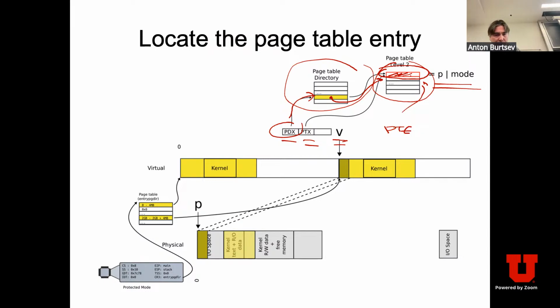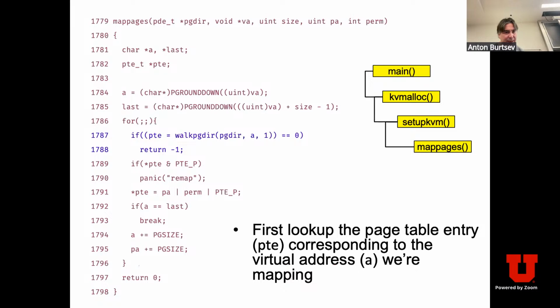And what the code will do for us here, we say, if we have this PTE, a pointer, we'll just write the physical address with permissions and with the present bit, right? Very simple. However, we need to figure out this address. And what we use here is a helper function which walks the page table, potentially allocating additional levels of the page table, and returns the address of the page table entry, right?